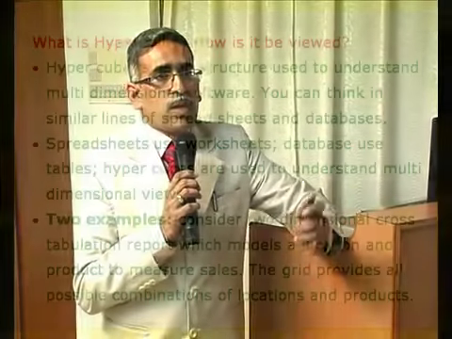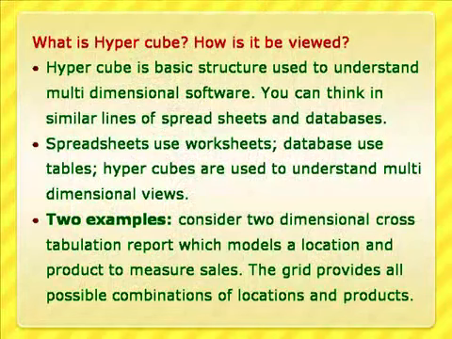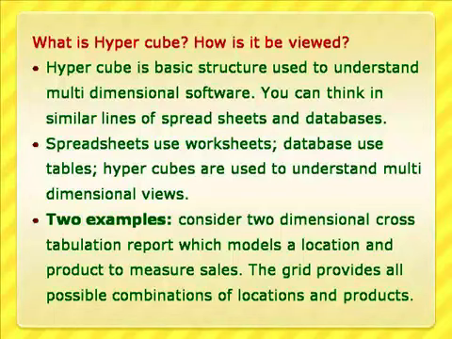Say, for example, if you take a spreadsheet, it exemplifies a two-dimensional array with data cells arranged in rows and columns, each being a dimension. That means row is one dimension, column is another dimension. In a similar way, a database table is also represented in the form of rows and columns.